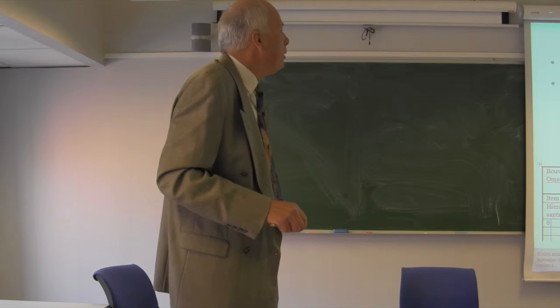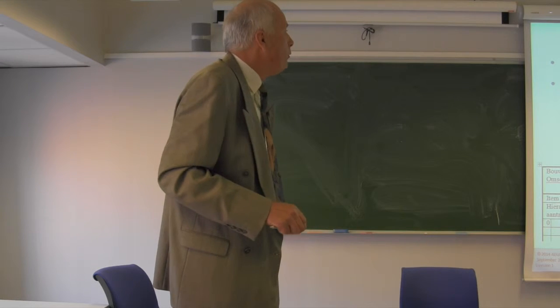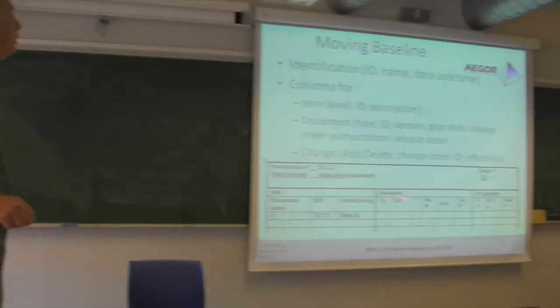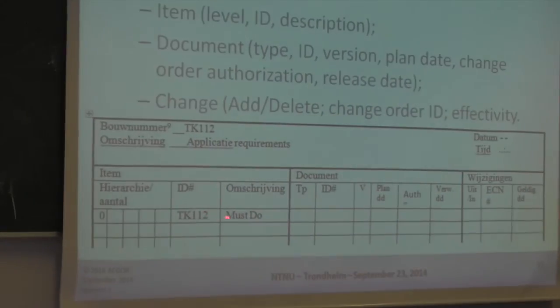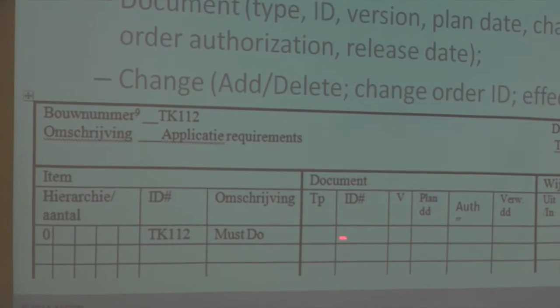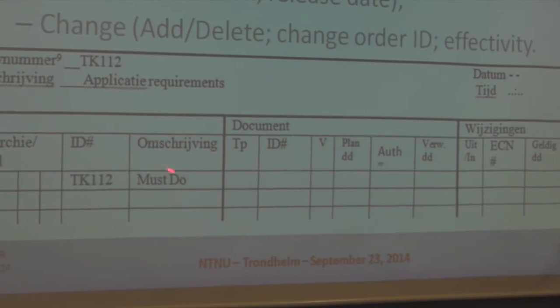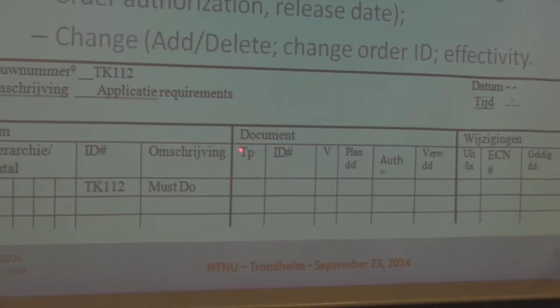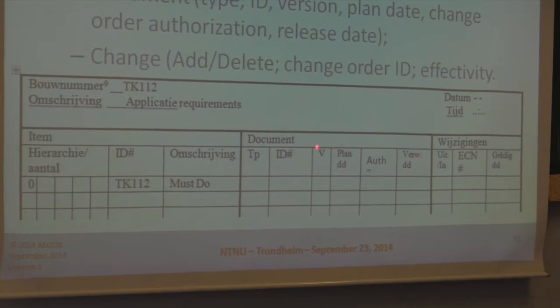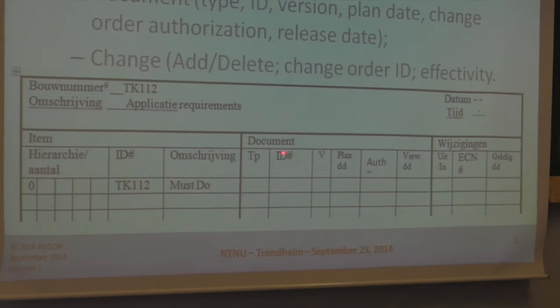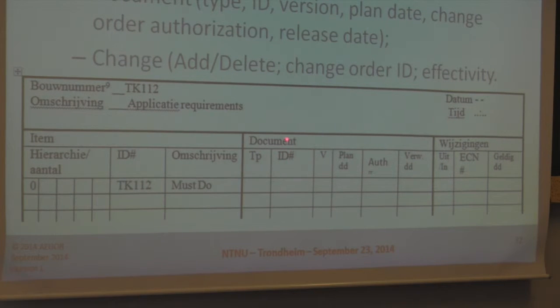It has the ID of the item and then a description of the item. And then you get all the documents related to the item, and the document has a type, an ID, and a version, very important, the document version, that's where the content is.